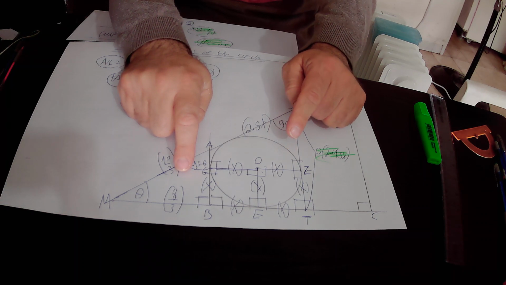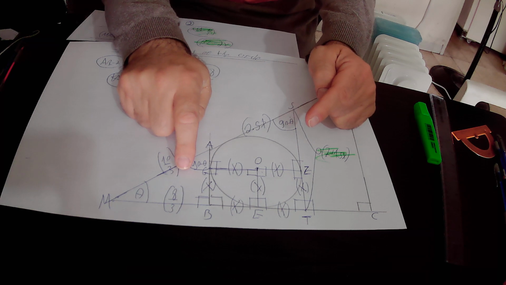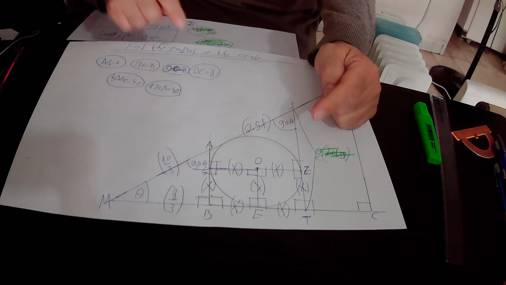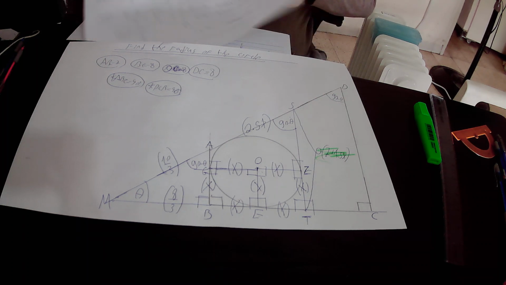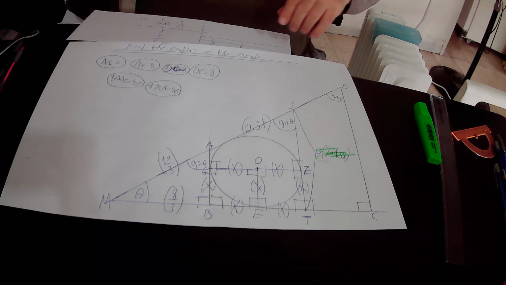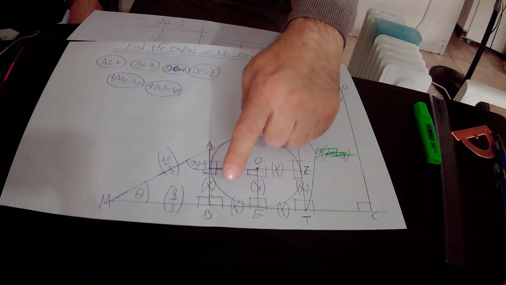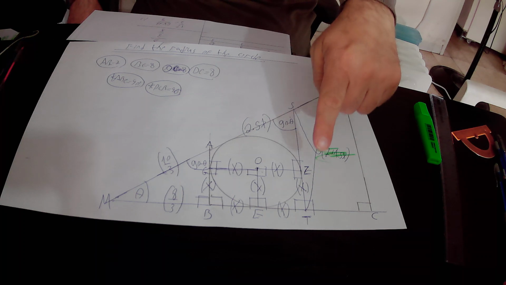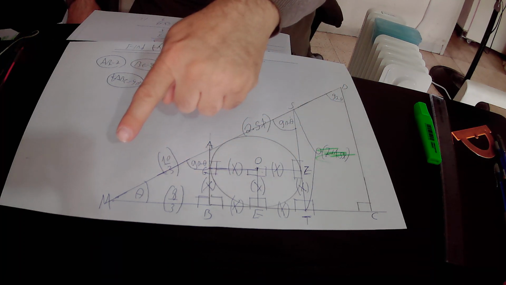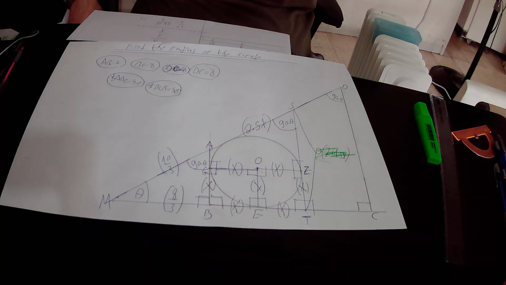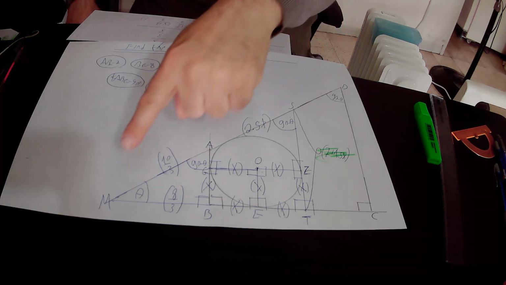And from the fact that those two right triangles are similar to each other, we will derive that the following relationship exists between their sides. We will derive that ST in the big triangle over AB in the small triangle equals TM in the big triangle over BM in the small triangle, and it also equals SM in the big triangle over AM in the small triangle.